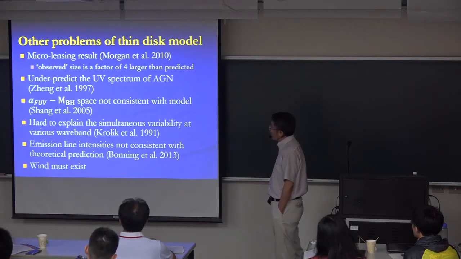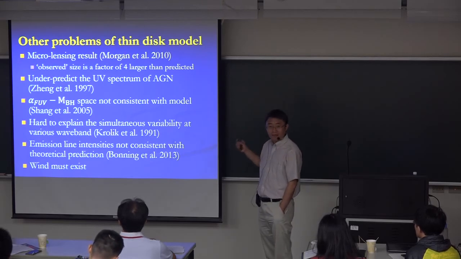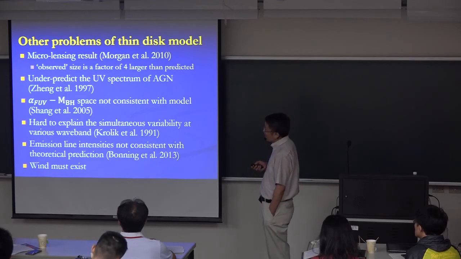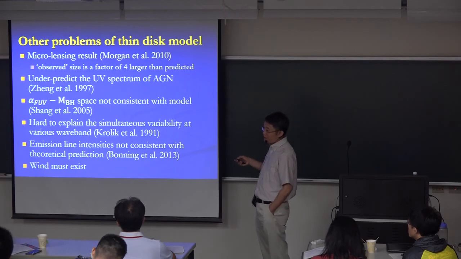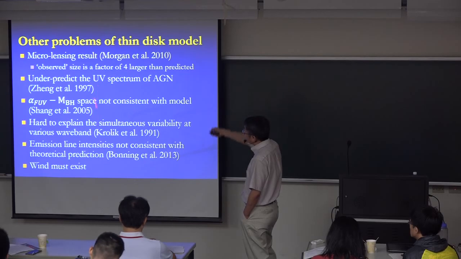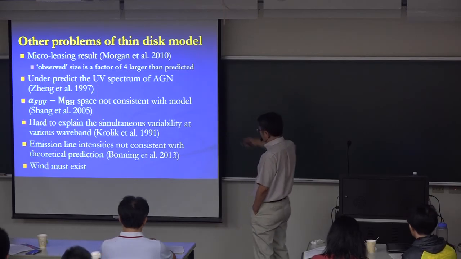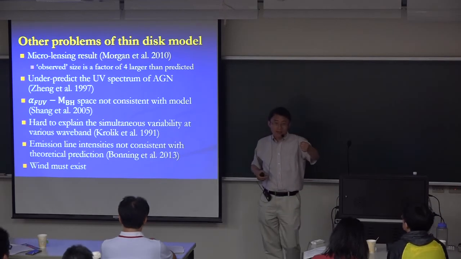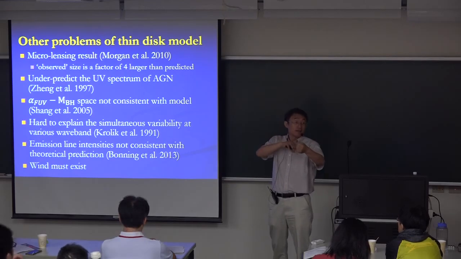So far I have described some successes of the standard thin disk model, but I should emphasize this is not the final story. Actually, now we have many problems with the thin disk model when we try to explain observations using this theory. Here are some of them. One is the microlensing result. Microlensing means there is a black hole accretion disk, and between this accretion disk and the observer there is a galaxy.